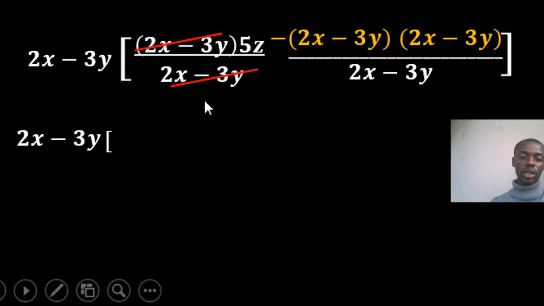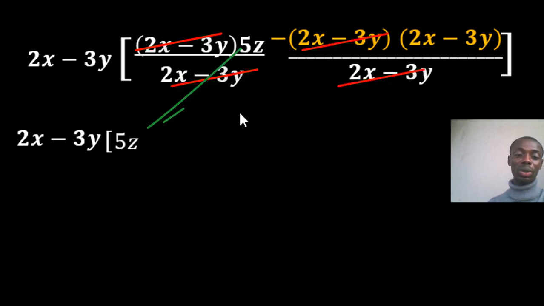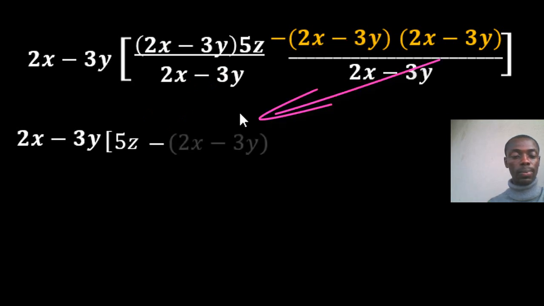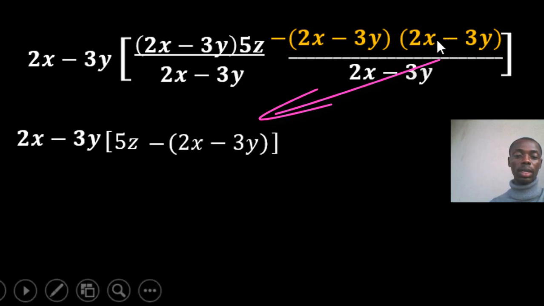I'm having 5z. For the one in gold, what am I having left? I'm having minus 1 of the 2x minus 3y, just by the slash you can see I'm using. Then I close my square bracket. Why? Because by the time this cancels one of these, then I'm left with one of it, and that's why I'm having it here.